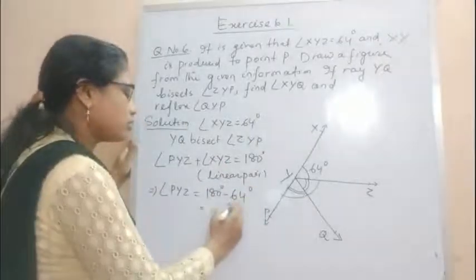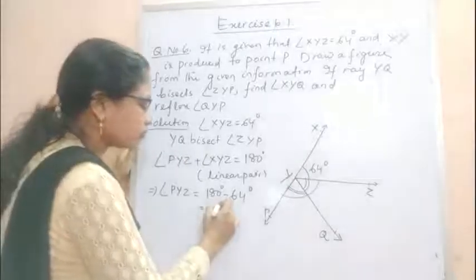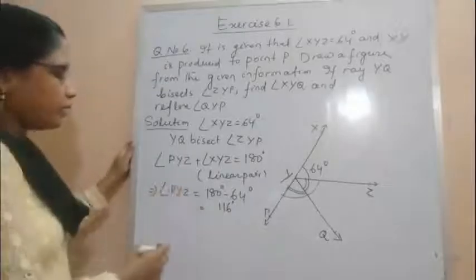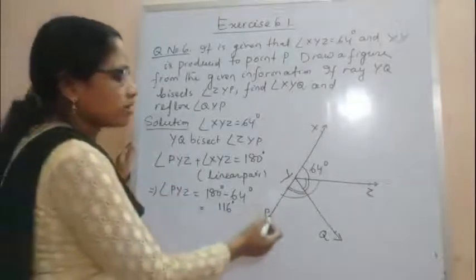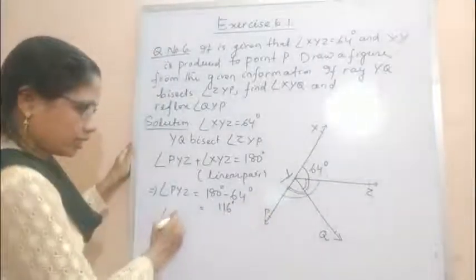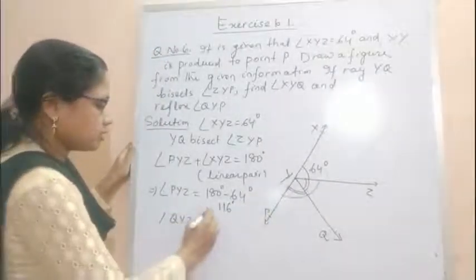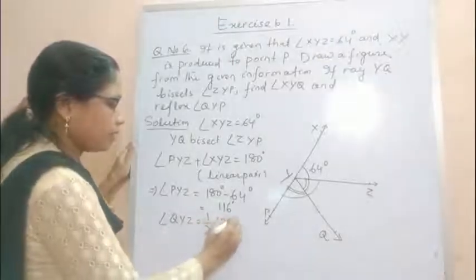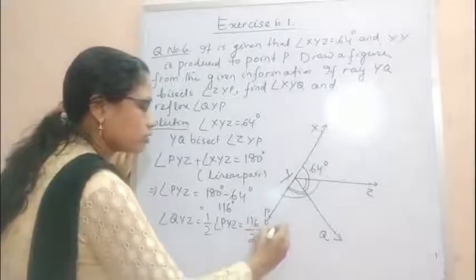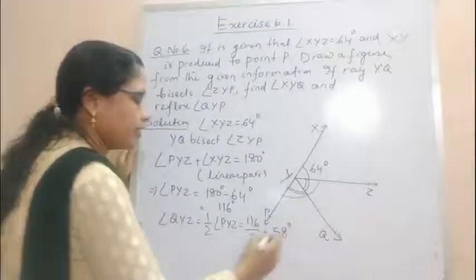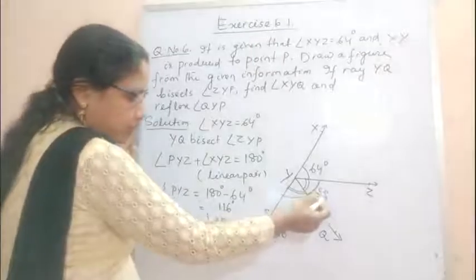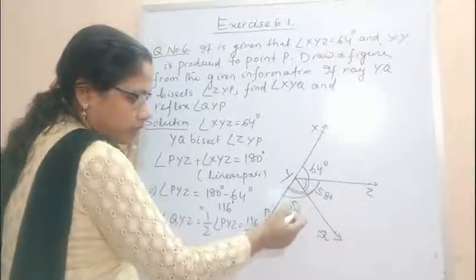So this is equal to 116 degree. So if angle PYZ is 116 degree, then angle QYZ is equal to half of angle PYZ. This is equal to 116 by 2, so this is equal to 58 degree. So angle QYZ is 58 degree and this is also 58 degree.